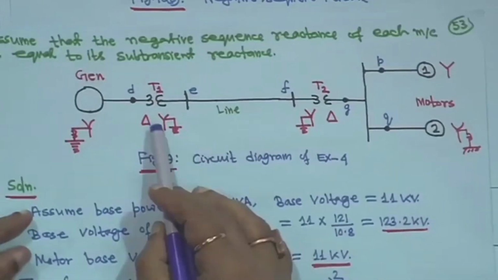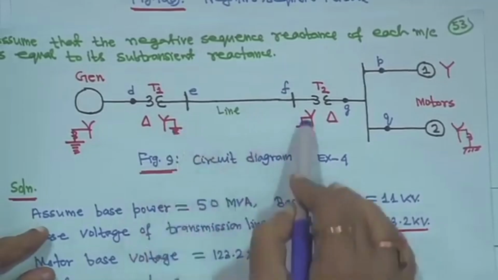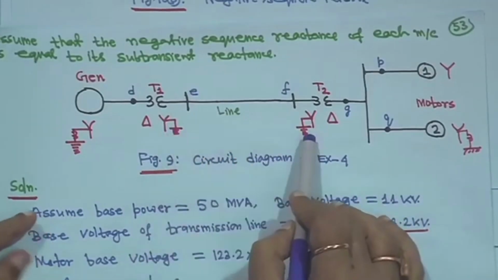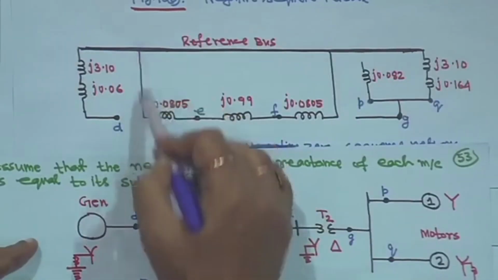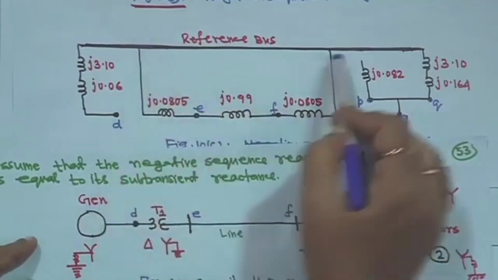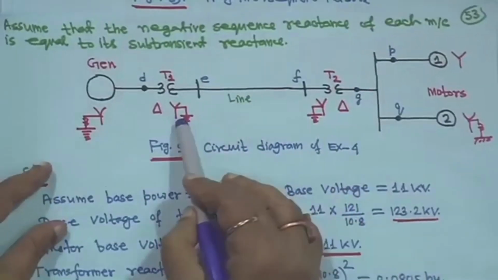Next, the line side will come. Both ends are grounded, so there is a path for the zero sequence current to flow. That is why this is connected to the reference, and this is also connected to the reference, because both are grounded.